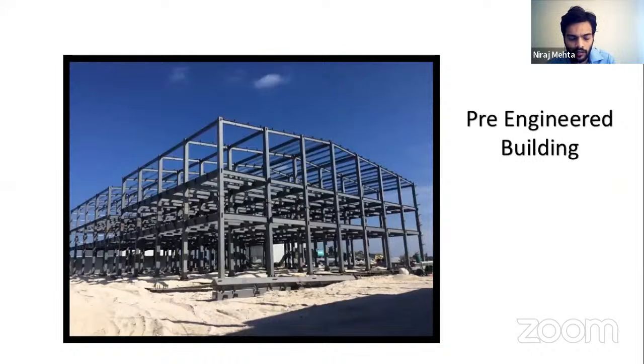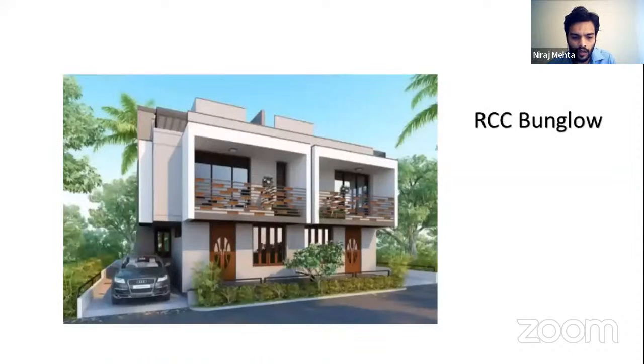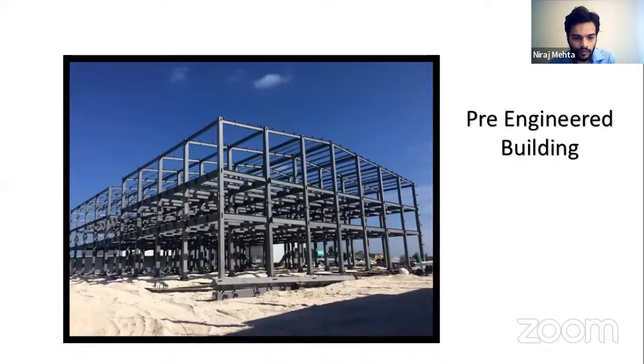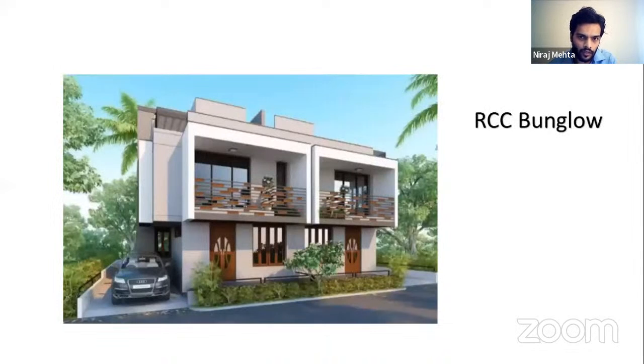This is the complete concept of IS 800 that we learn in our design of steel structures subject. When we see Burj Khalifa, an international airport, a stadium, the structural engineer not only designs all these mega projects, but RCC bungalows and smaller structures are also within the scope of a structural engineer's design.